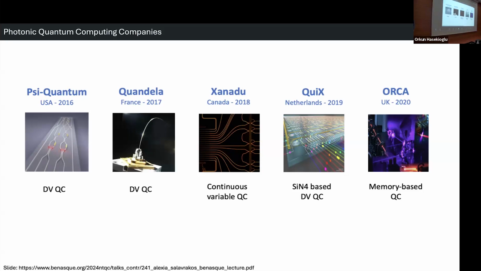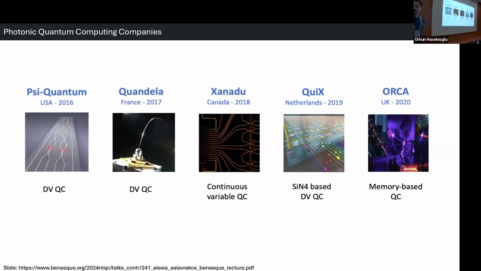You can see it like again a measurement-based approach. Quandela is also discrete variable, if you use single photon states. Xanadu uses continuous variables for quantum computing, and Qubits is also discrete variable quantum computing, and Orca is another UK-based company.